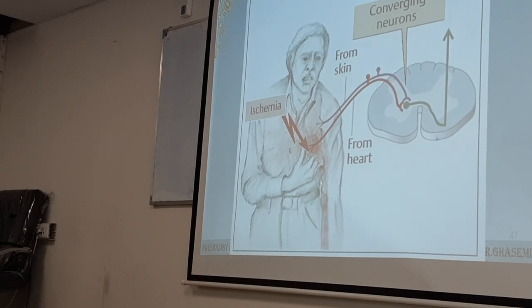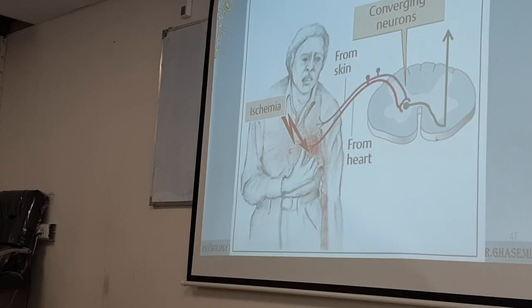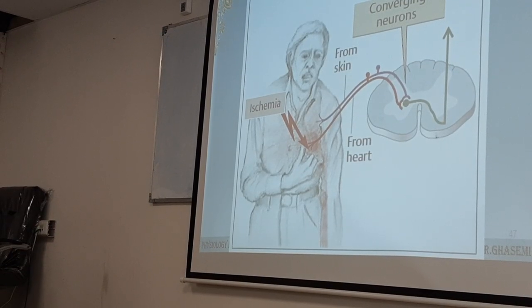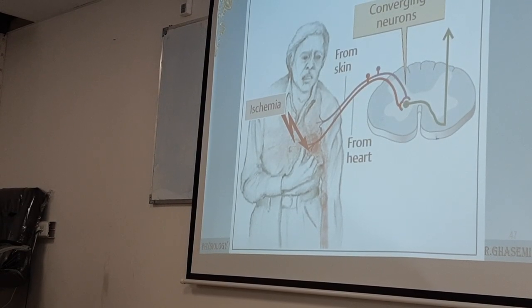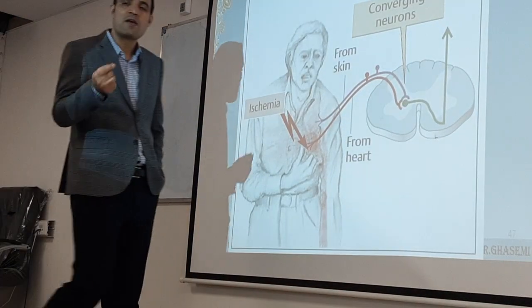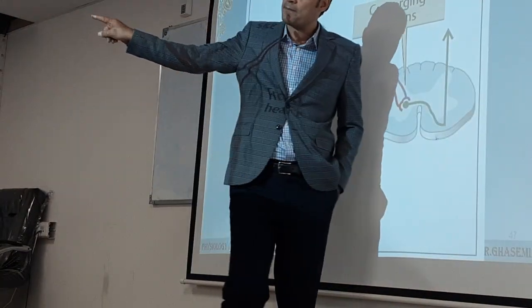You say, hey, it's very dangerous. It may be your heart. Why? When we have a problem in the heart, there is a pain in the left arm. This is a referral of the pain. Pain is referred to another place.